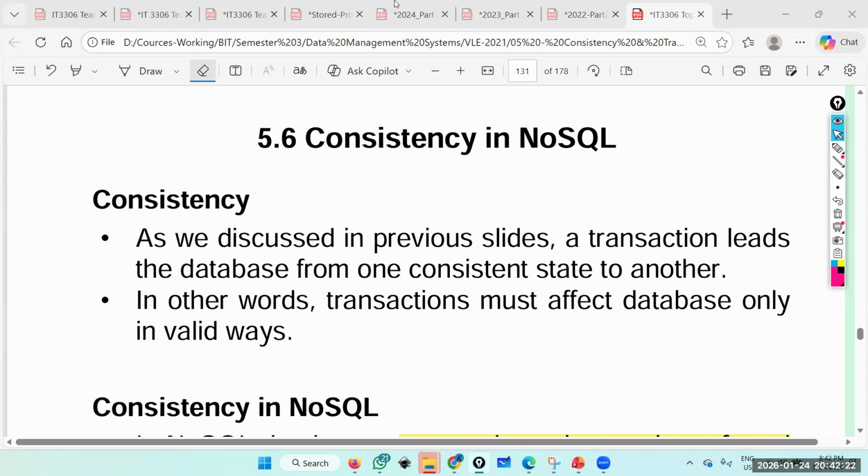But NoSQL databases are more used for social media, forums. So there things are a little bit different. There we are more interested in scalability and reliability rather than high accuracy.